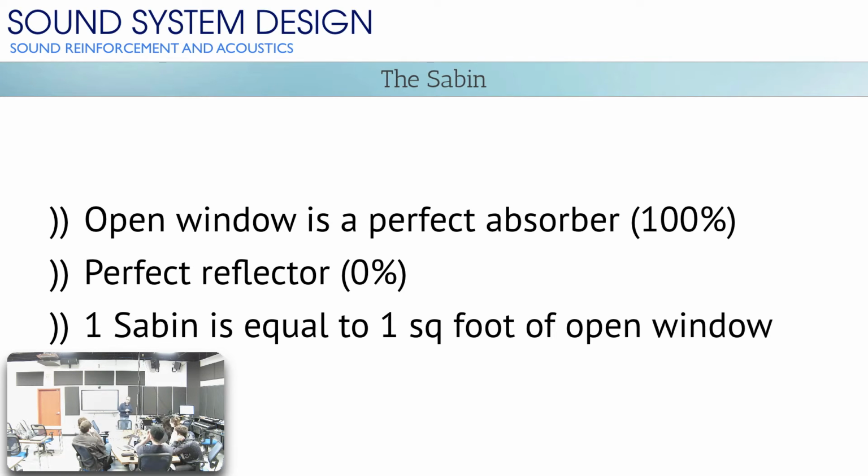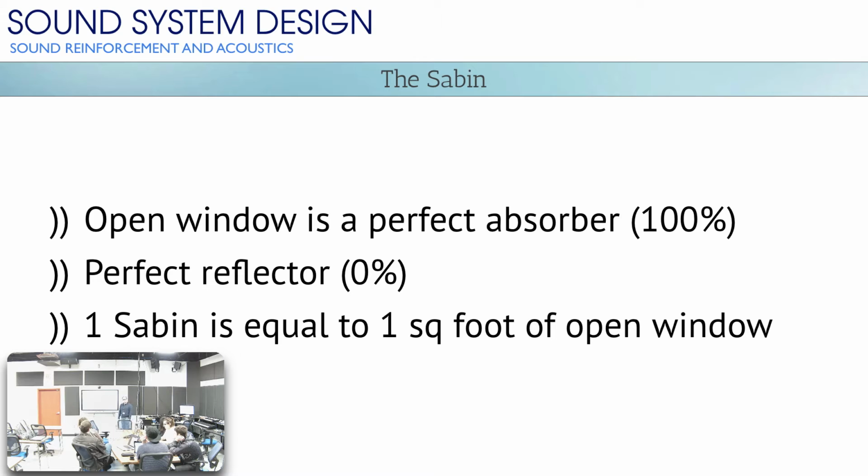So he was thinking, well, what is the thing that is a perfect absorber acoustically? And he said, well, I tell you, it's an open window. So if you've got this room, for example, and there's the door, and we've got the door open right now, any sound that hits that part of the wall is not coming back. It's going to go through that part of the wall, and we don't ever get to hear that again.